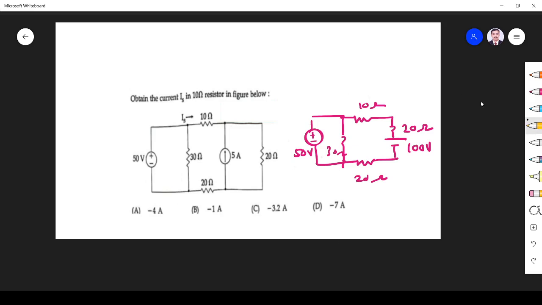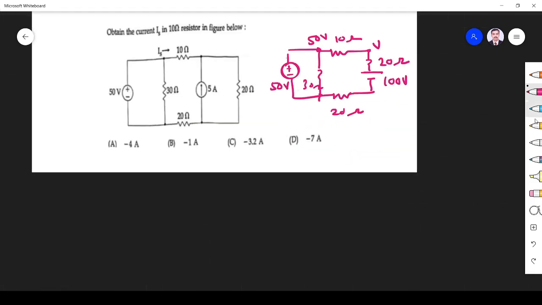Let us take the potential at this point as V. Here the voltage is 50, because the same voltage is available here. Now we can use nodal analysis. So I write the nodal equation.